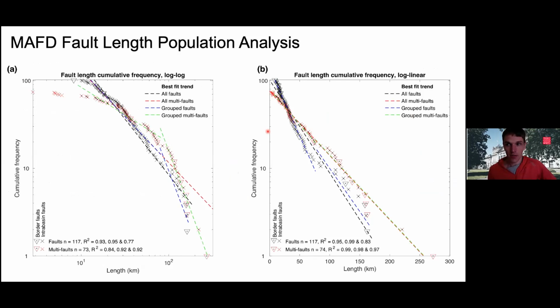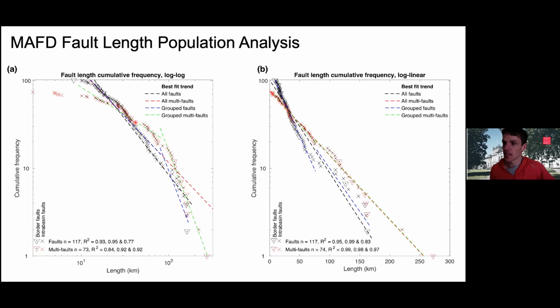So one thing that we've been considering is the fault length cumulative frequency, which I've plotted here in log-log and in log-linear space. These are quite complex plots, so just to walk you through what they're showing: we initially considered that each of the faults in Malawi represents a distinct fault, and we've plotted the cumulative frequency of that population in black here.